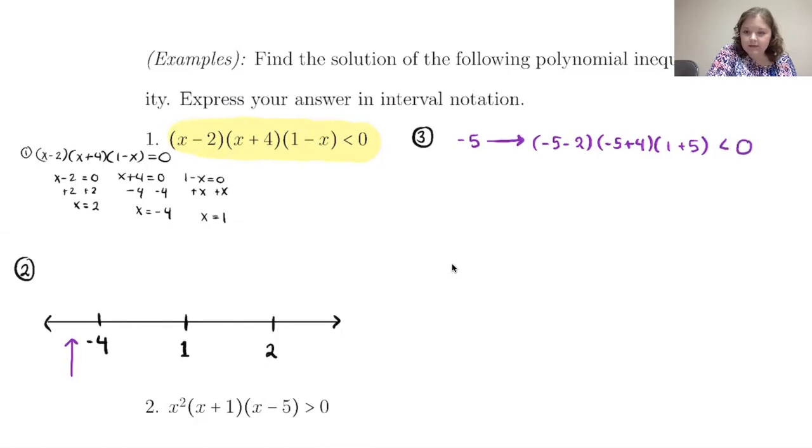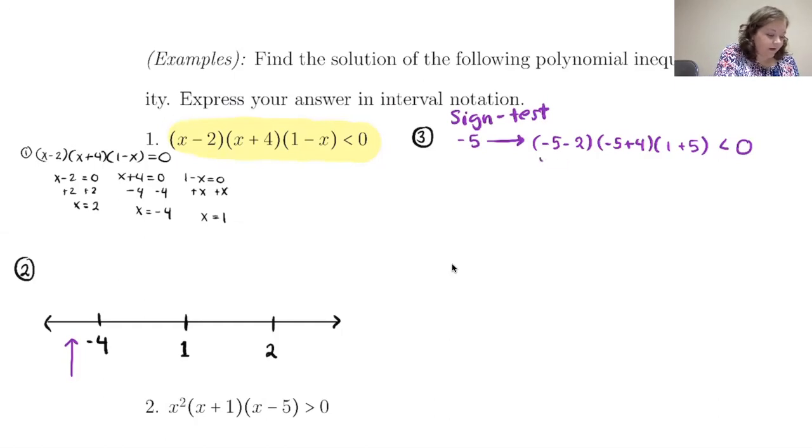Okay, so now that we've done that, we can think about basically the sign of each one. So remember that this is called the sign test method. So we don't actually have to know the exact number, we just have to know whether it's negative or positive.